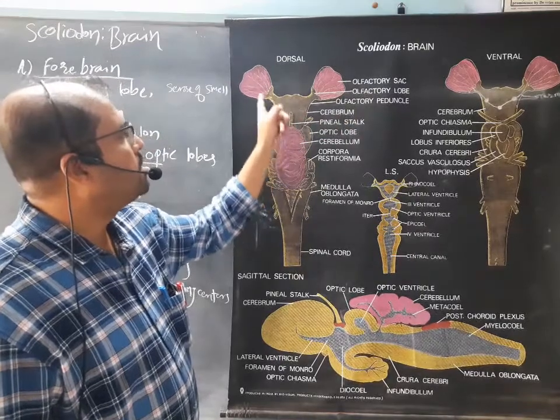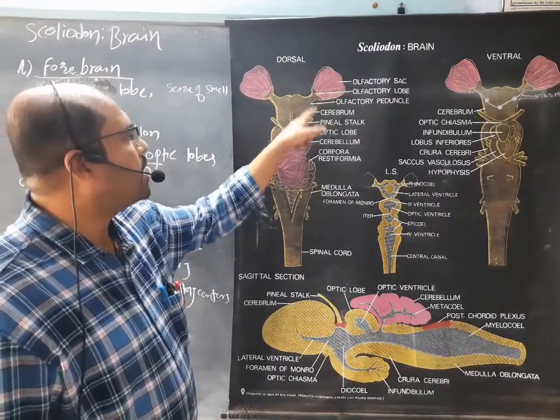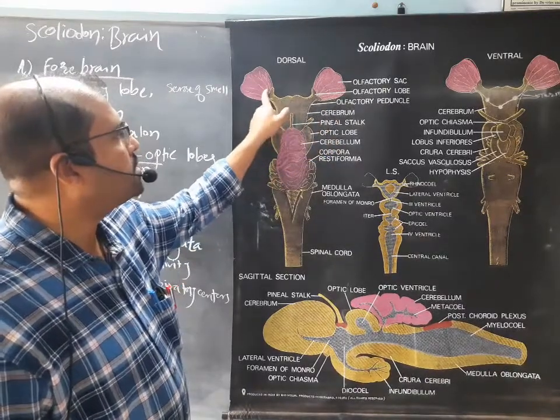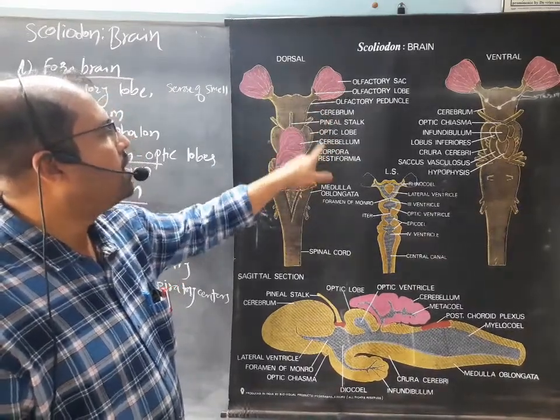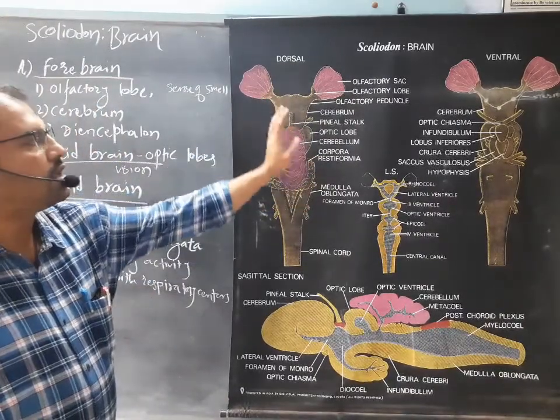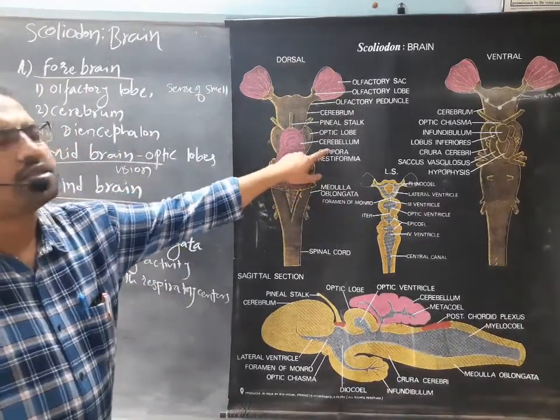Just below the olfactory sac there is the cerebrum, and then the diencephalon. The diencephalon is dorsally hidden under the cerebellum.